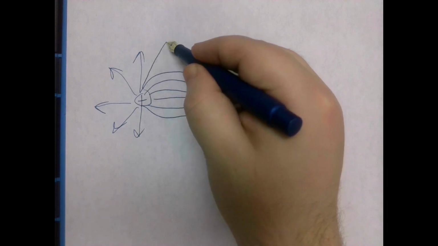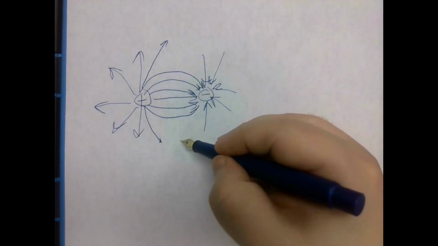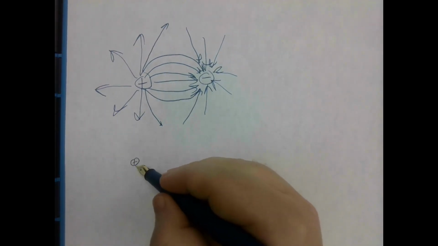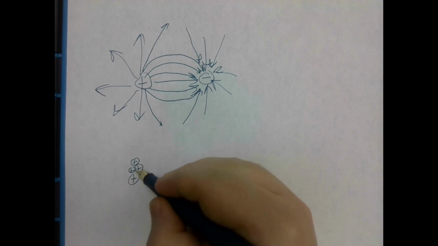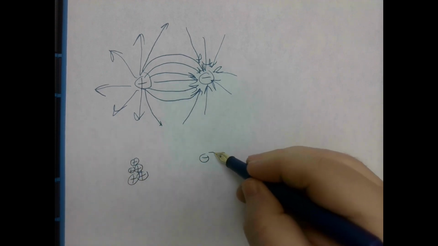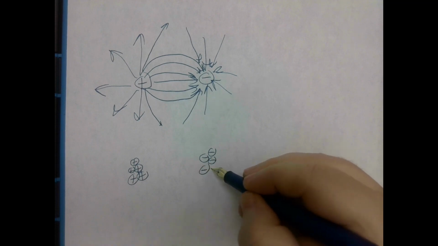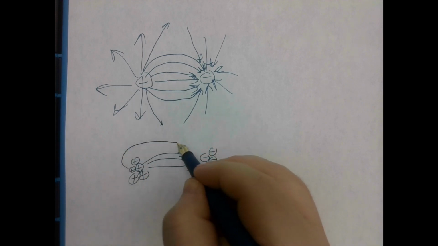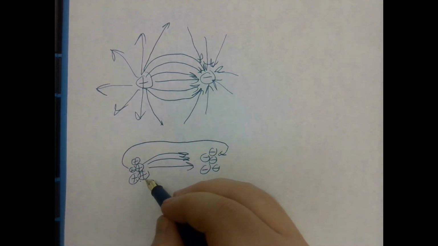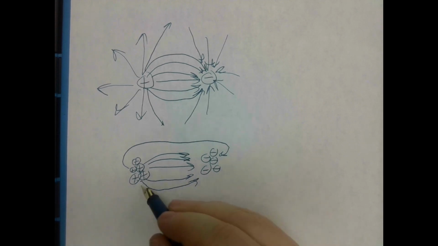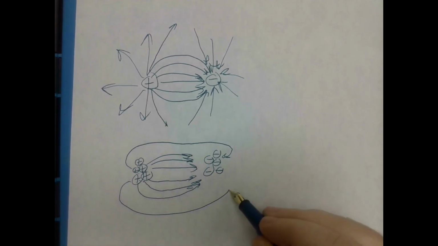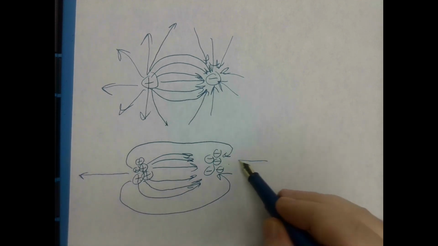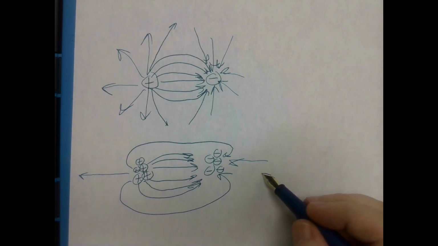If I were to continually keep adding lots and lots of positive charges here, we get a very, very strong thing like this, where only a very few lines actually make it out.